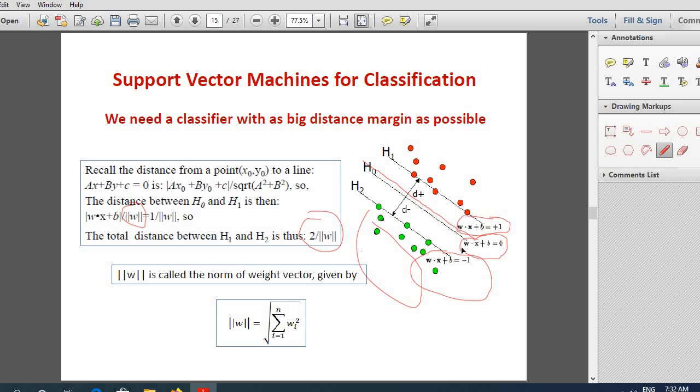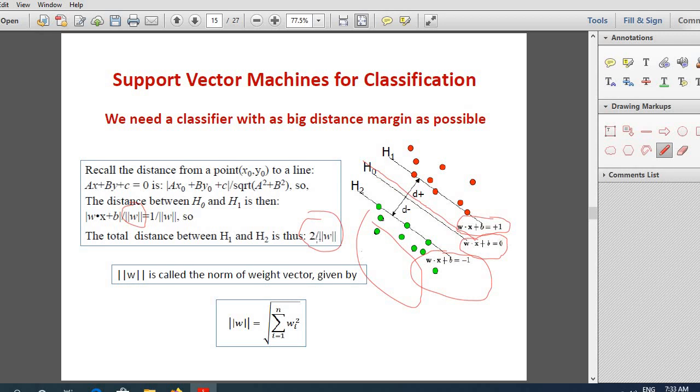So out of all the hyperplanes, the best hyperplane or line would be the one with the best margin. So it is actually a minimization problem, minimizing the norm of W. It is an optimization problem.